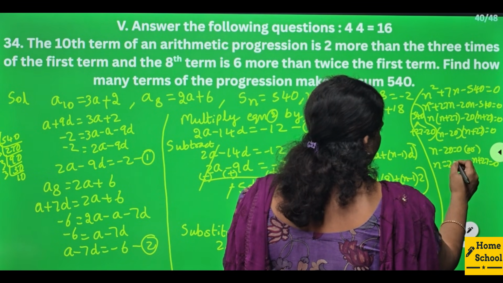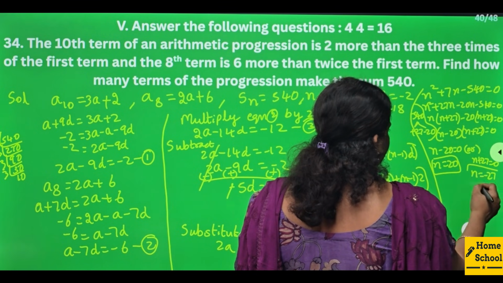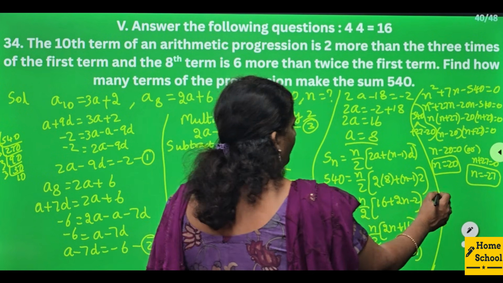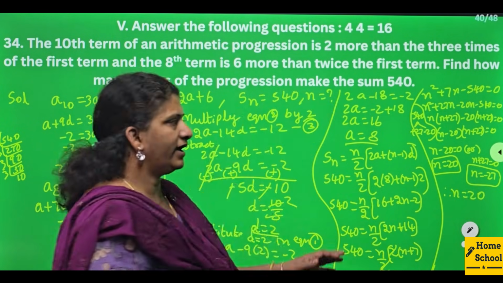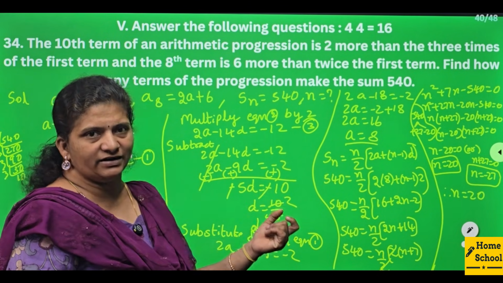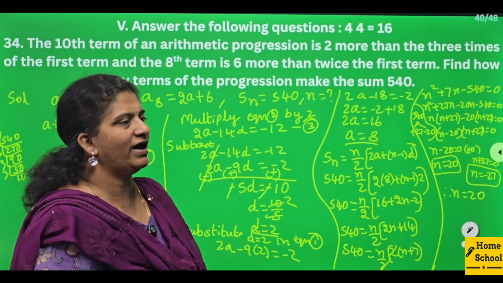Therefore, n is equal to 20 or n equal to minus 27. Number of the terms cannot be negative. Therefore, n is equal to 20. Finally, what I can write the verbal statement there? Therefore, 20 terms of the arithmetic progression makes the sum 540.